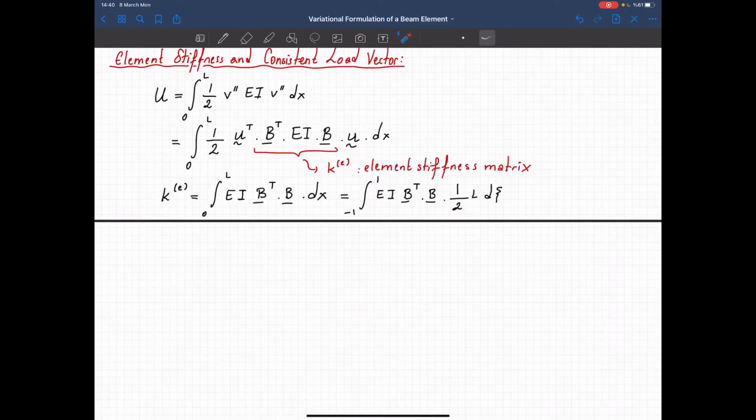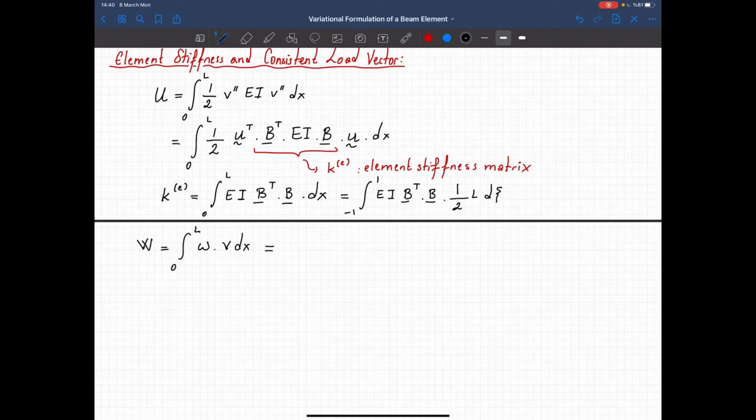Now let's take a look at the external energy. External energy is equal to the integral from 0 to L of the magnitude of the uniformly distributed load multiplied by the displacement field times dx.